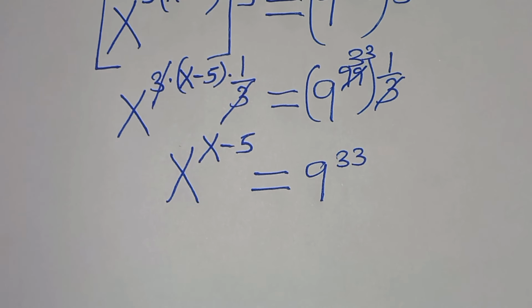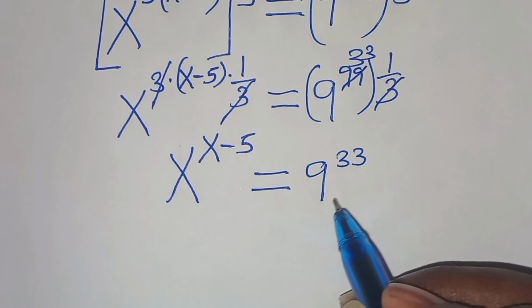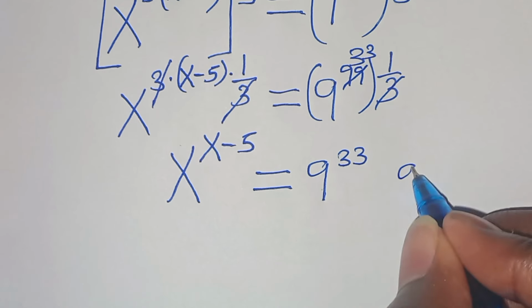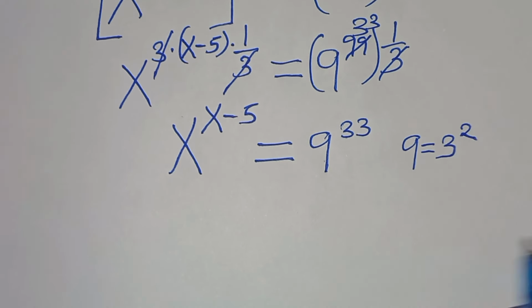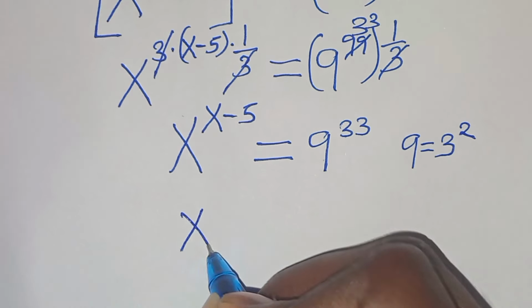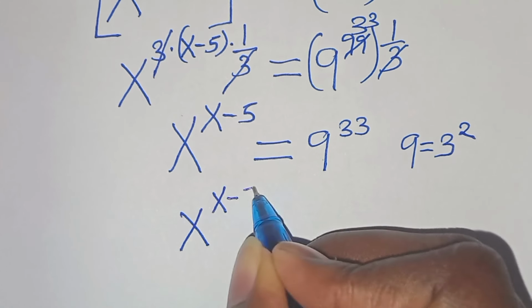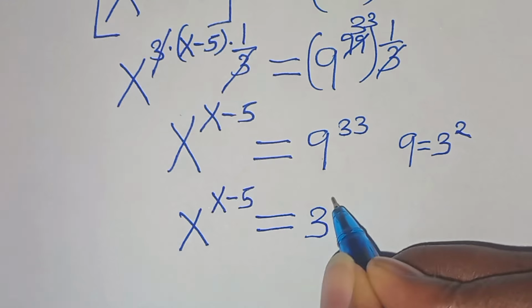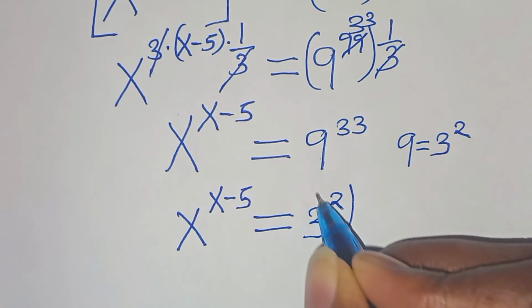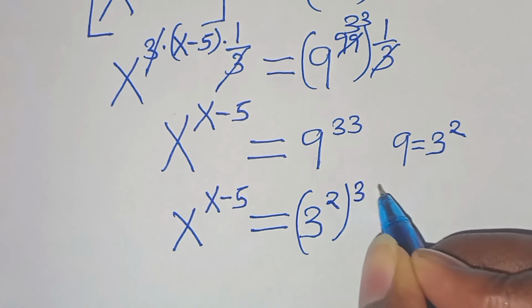Now, the next step is that we can express 9. This is the same thing as 3 to the power of 2. So here we have x to the power of x minus 5. This is equal to 3 to the power of 2 raised to the power of 33.